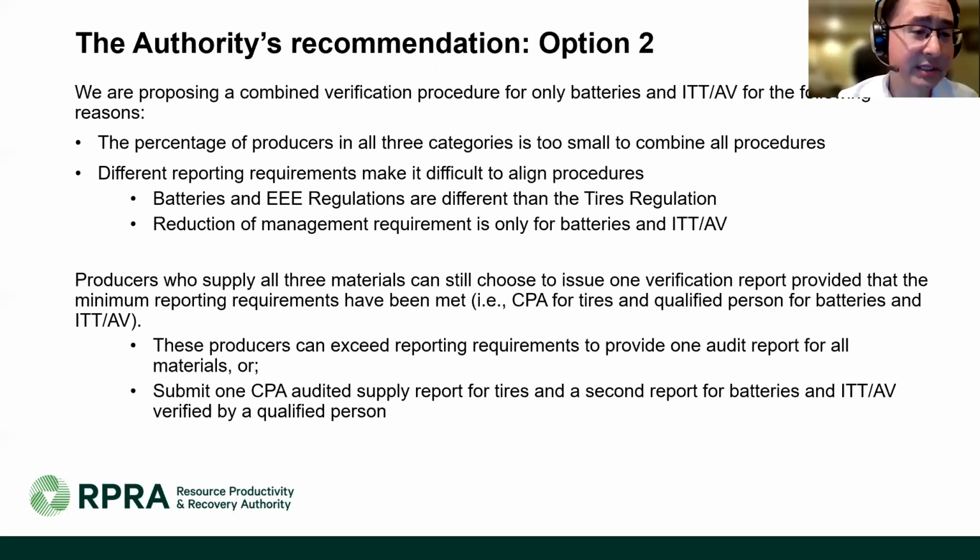Or, the second option is that the same producer who supplies all three materials can submit one CPA-audited supply report for tires and a second report for battery and ITTAV supply data verified by an internal qualified person.